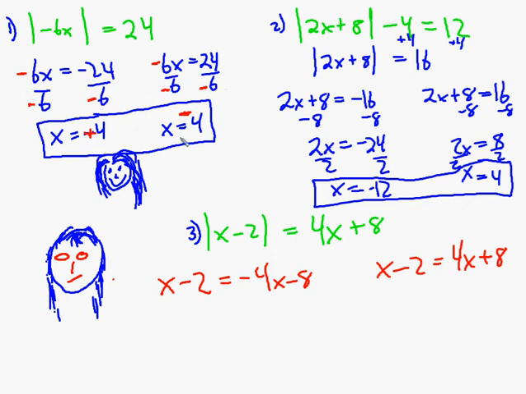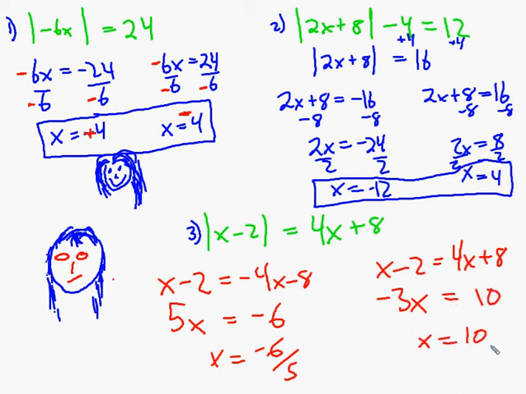So, yeah, thank you. All right, so we add the 4x, and we add the 2. Divide by 5. Check my work, is that good? You get really weird answers here.